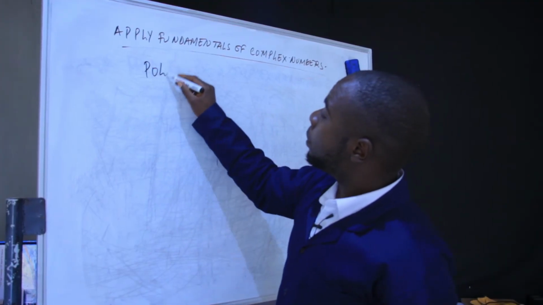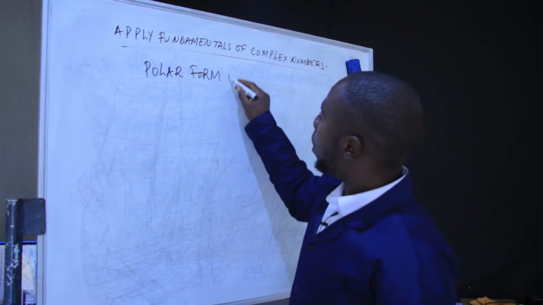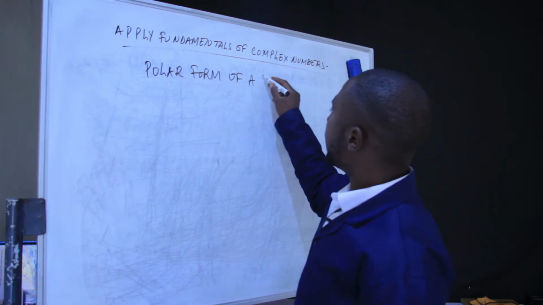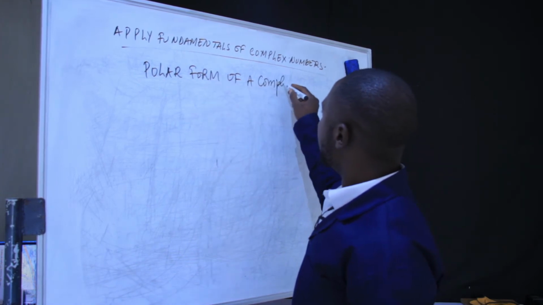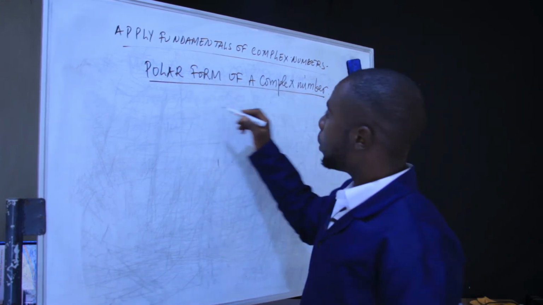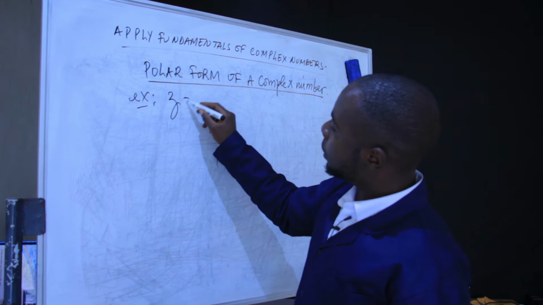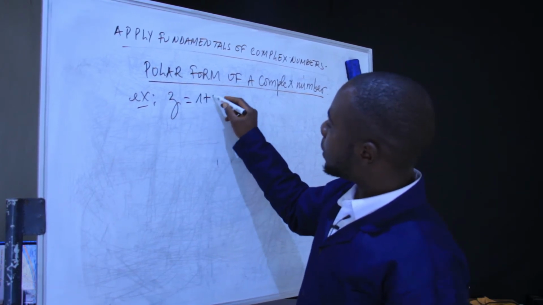Polar form of a complex number. Example, Z equal to 1 plus i.